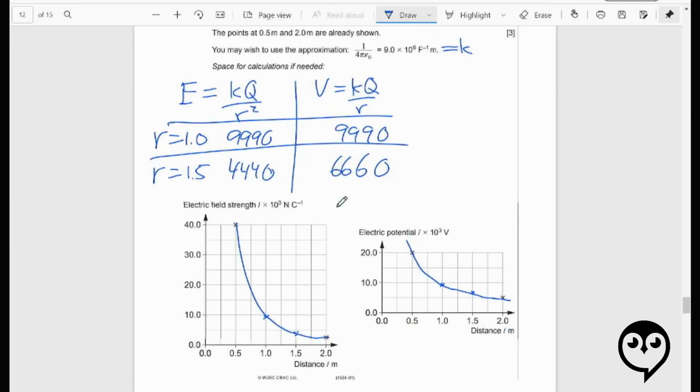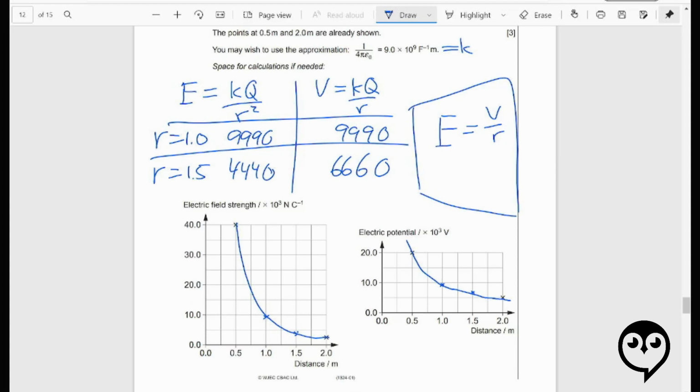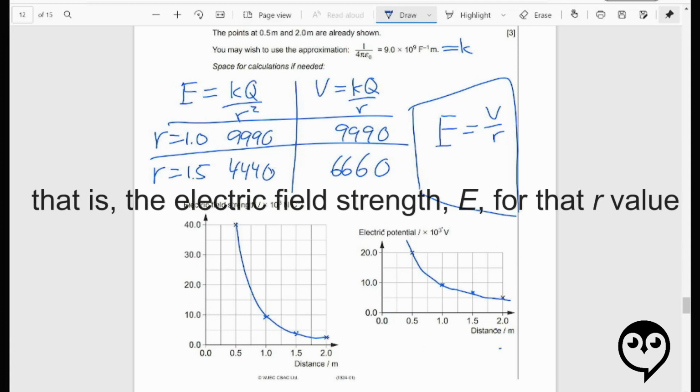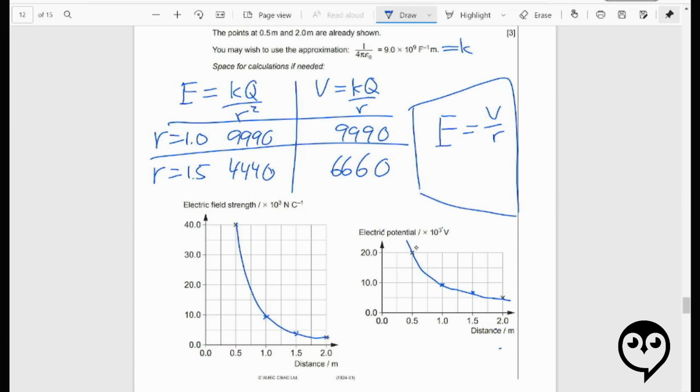And that's what we would expect. I would like to point out that the electric field strength is the potential gradient, and I'm wondering if you took the gradient of this graph, which would be the potential gradient, wouldn't that be that value compared to R? What's the gradient, would you say, here at this point, 0.5, 20? I'd say the gradient is 20 divided by 0.5, so that might be 40, which is what we get here.